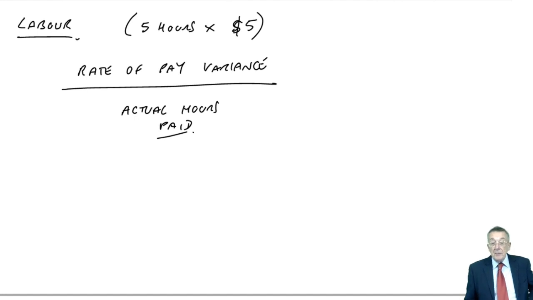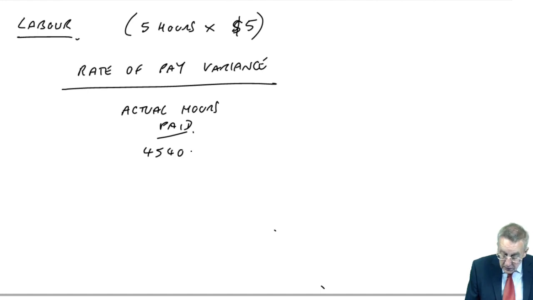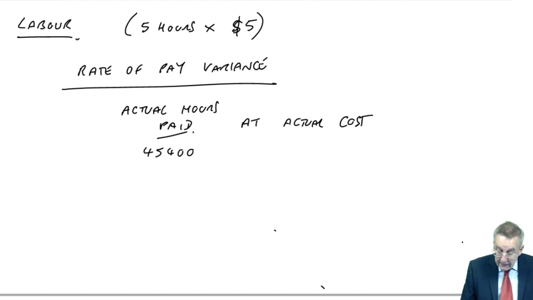Don't worry about the other figure for the minute. Rightly or wrongly, we paid 45,400 hours. And we say, well, how much did we actually pay for it? The actual payment in total was 224,515.